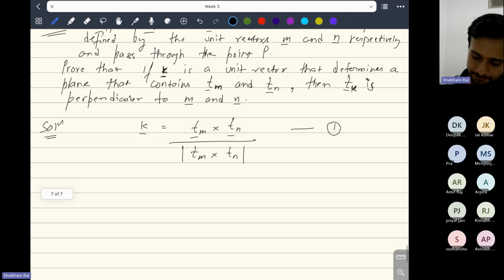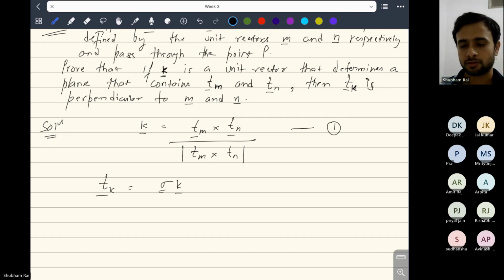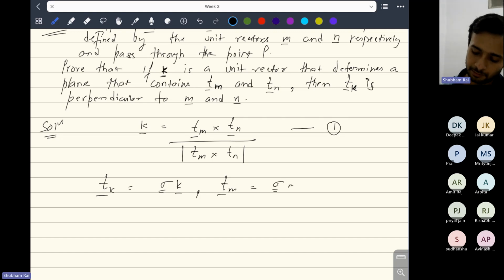So we know that Tk will be given by sigma times K vector. Traction on the plane with plane normal K will be given by sigma times K, and traction on the plane with normal vector M will be given by sigma times M.